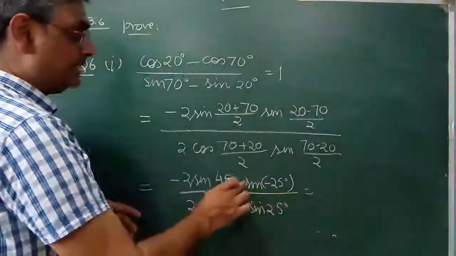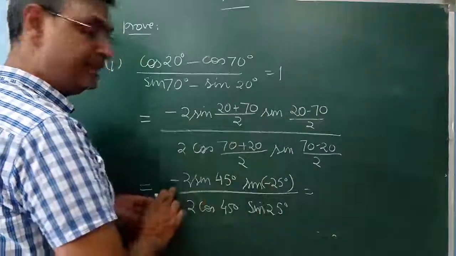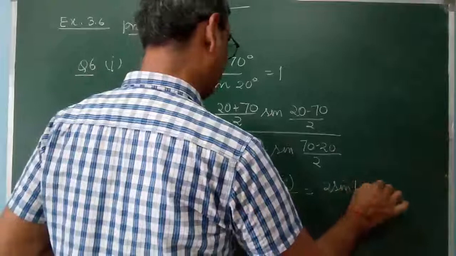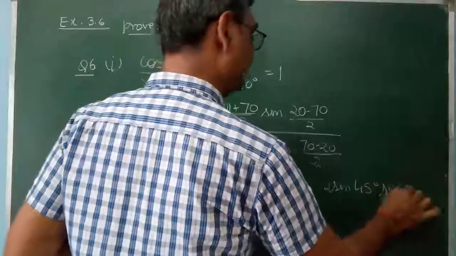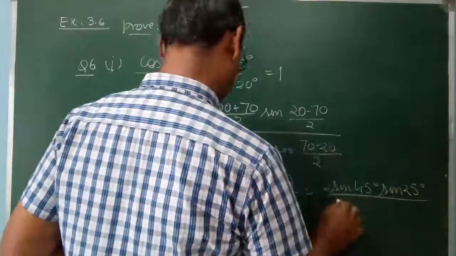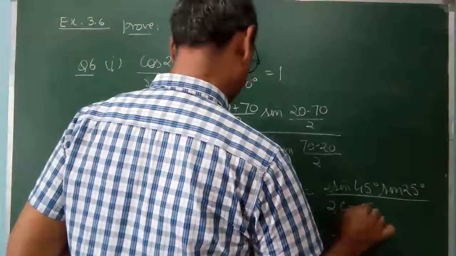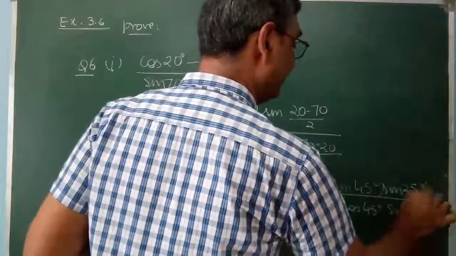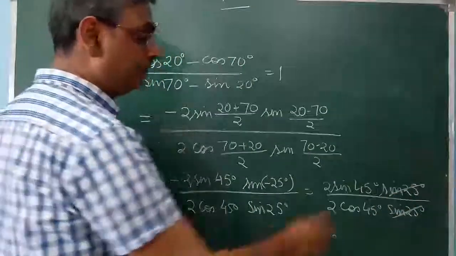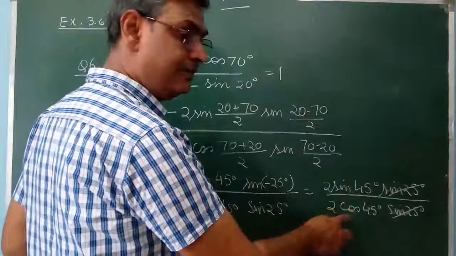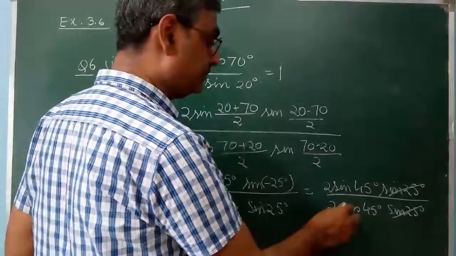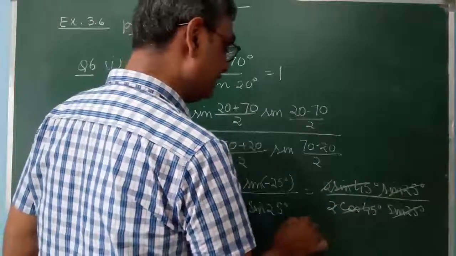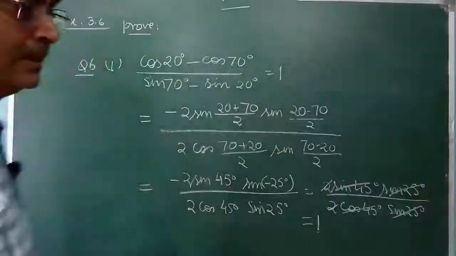Sine minus theta is minus sine theta, minus will be going out, so it will be 2 sine 45 degree sine 25 degree upon 2 cos 45 degree sine 25 degree. This will be getting cancelled. We know that the values of sine 45 and cos 45 are the same, 1 upon root 2, that will be getting cancelled. 2 also will be getting cancelled, so answer will be 1.